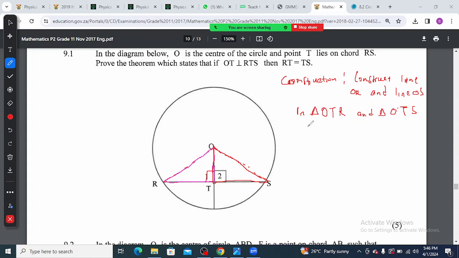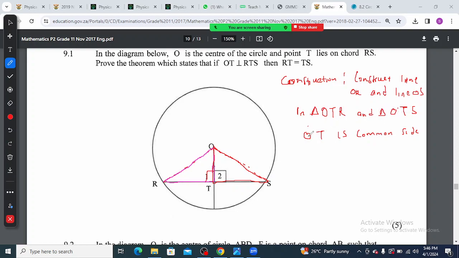Now, for the first triangle, the first thing that we can prove is that line OT is a common side. That is true because you find line OT in triangle OTR, and you also find OT in triangle OTS. Any question here?